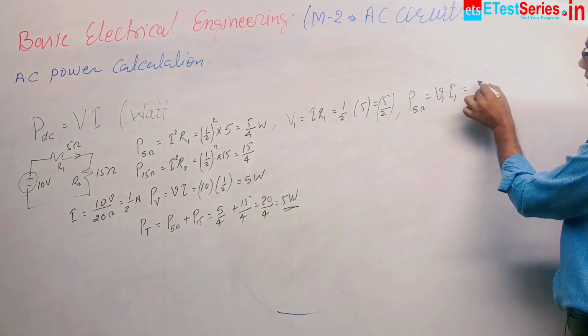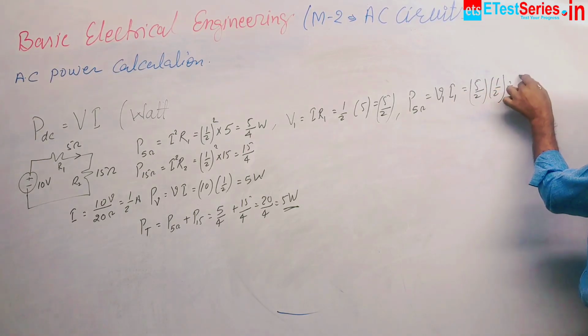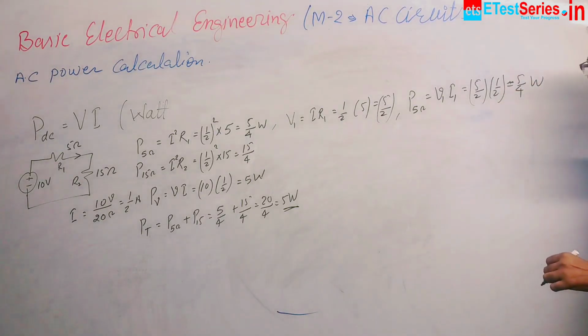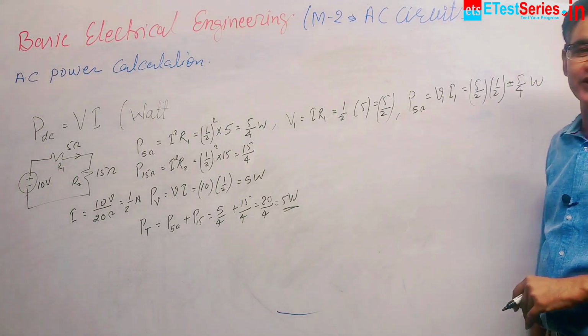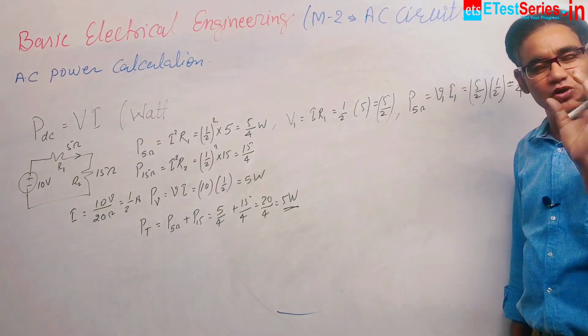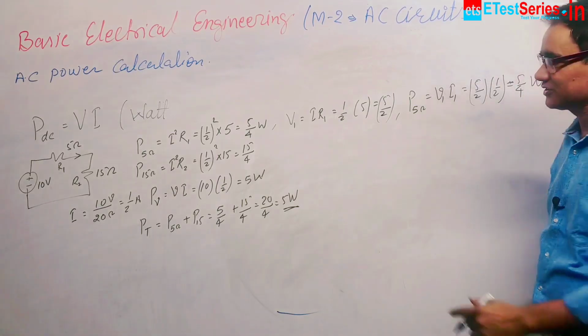The voltage here is 5/2, the current here is 1/2, so the power is 5/4 watt. So this is also a method. Otherwise, power in a resistance can be calculated as I square R, or as V1, the voltage across the resistance, into I1, the current passing through the resistance.